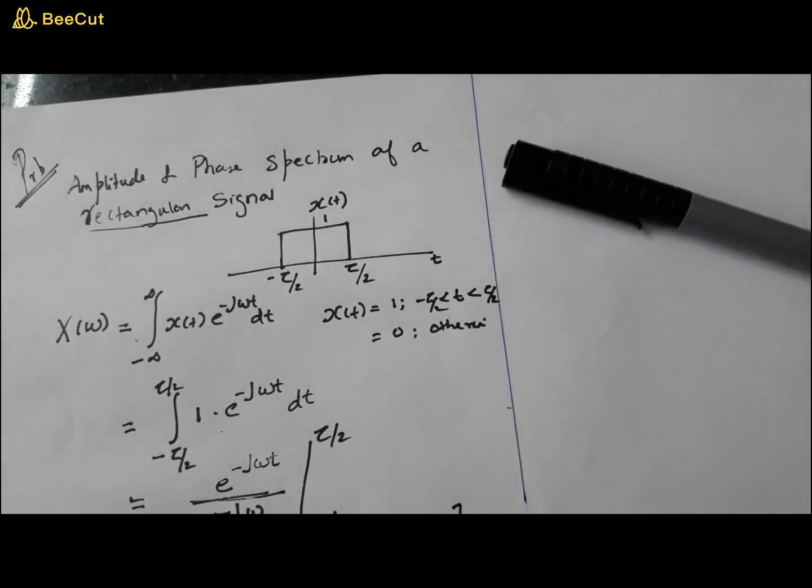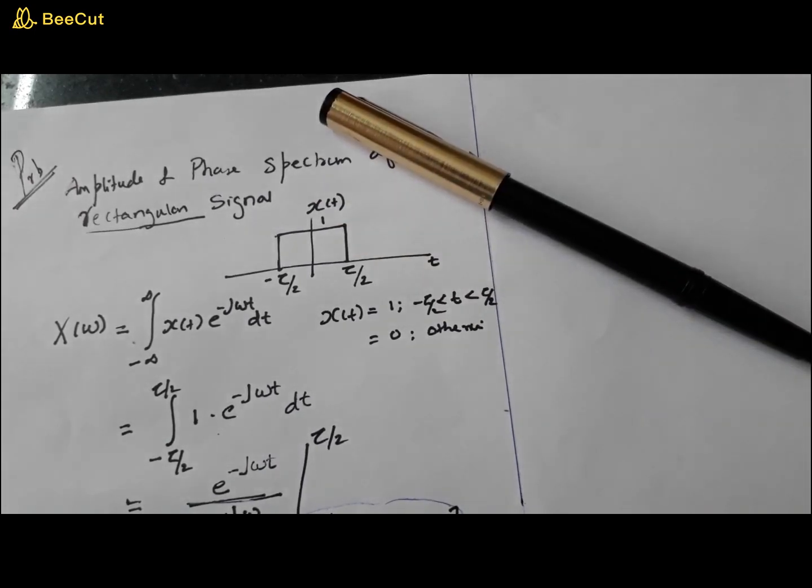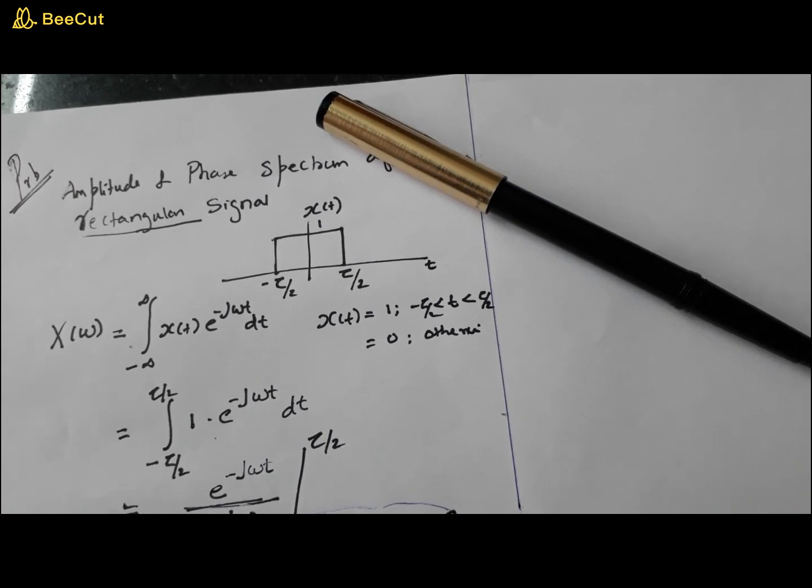That means you are taking this and combining this together, you can write it as sine omega tau by 2 into 2 by omega, right?